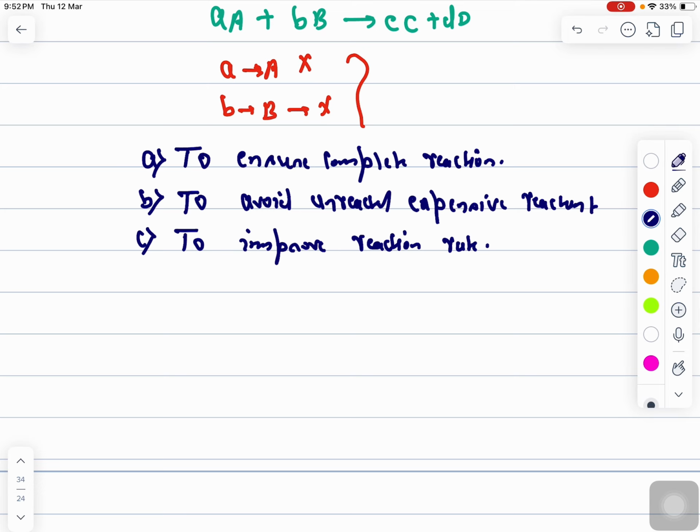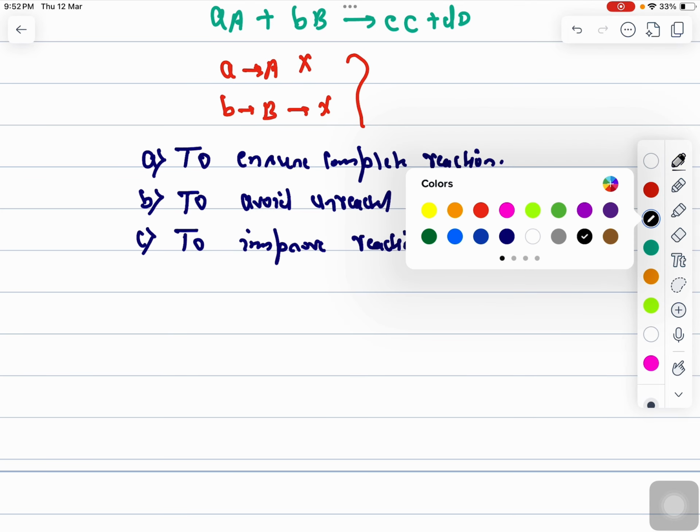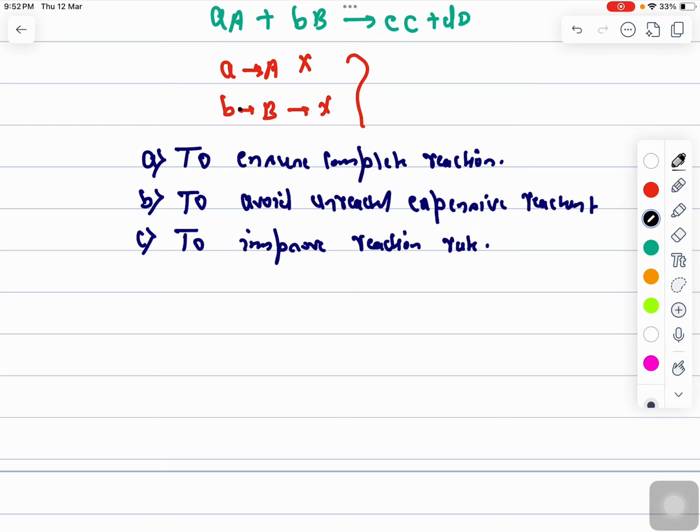So these are some reasons why, in a real chemical industry, the reactants are not added in the stoichiometric amount. So you will get to know why it is not being added.